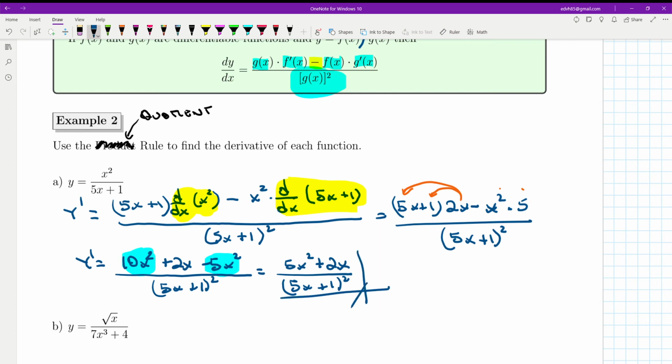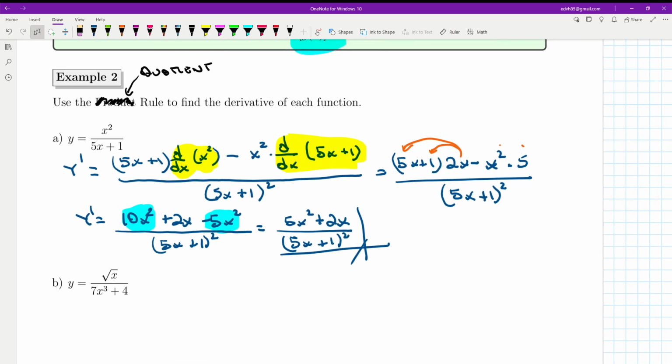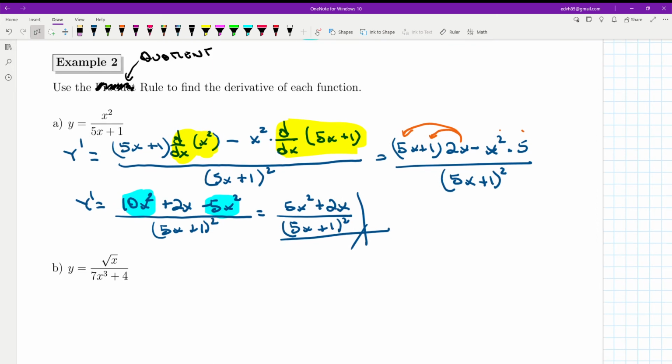All right, let's look at another example here. Actually, there's a little typo that I would like to fix here. I would like to change this square root of x into a 1 for a big reason. You will see why.